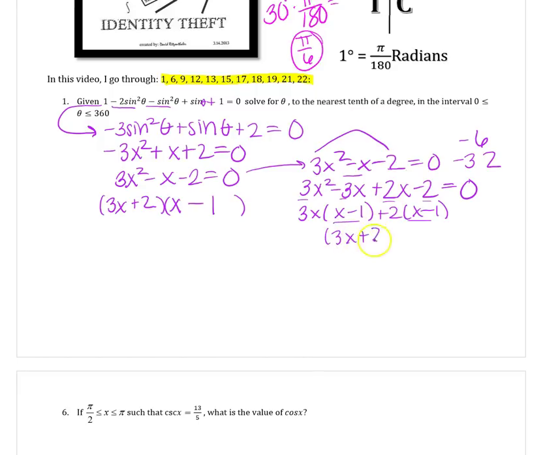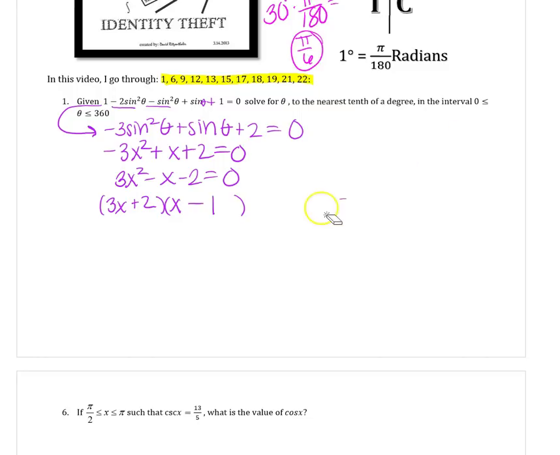So 3x plus 2, that's the outside stuff, times x minus 1 is your factoring, which, oh hey, look at that, it matches what I did over on the left. I have to then set each of these equal to 0 and solve. So x is equal to negative 2/3 and x is equal to 1.